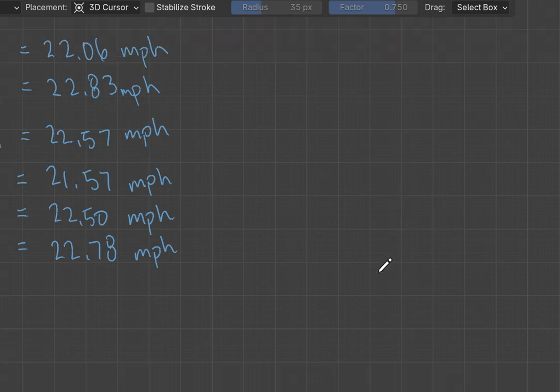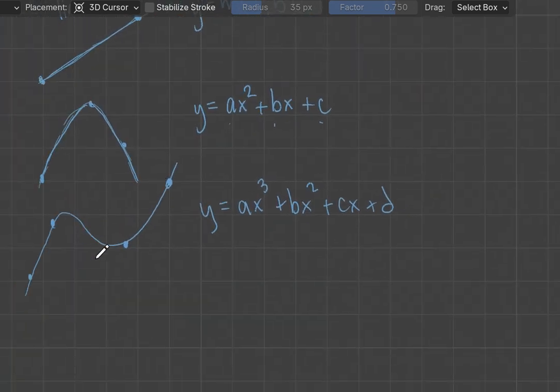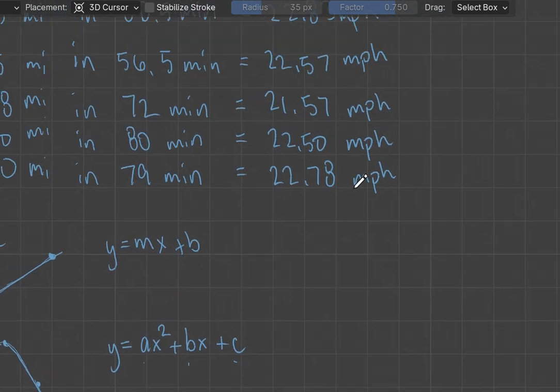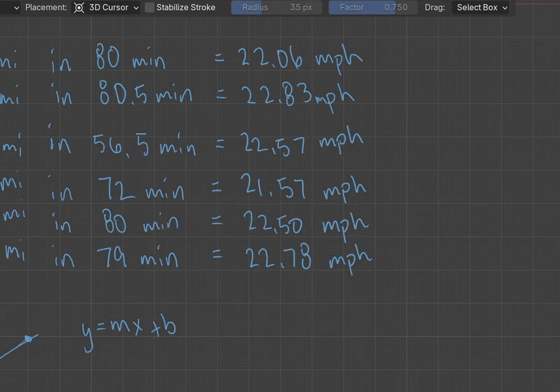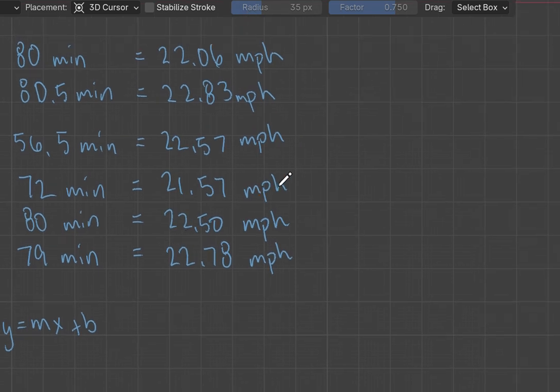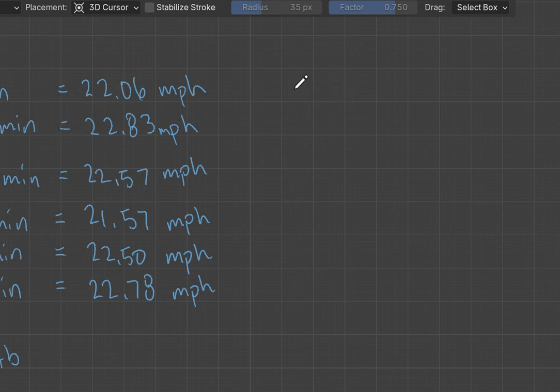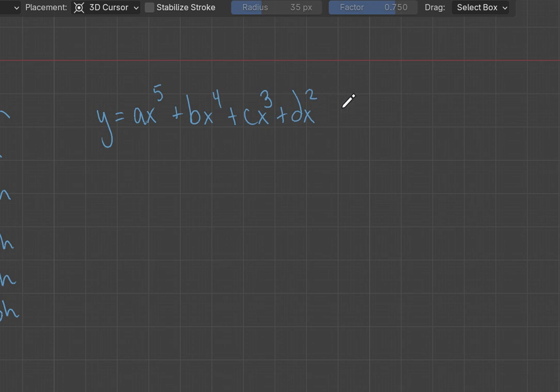So following this premise, we have 6 points, so the equation is going to have the form y equals a x to the 5th plus b x to the 4th plus c x to the 3rd plus dx squared plus gx plus h.